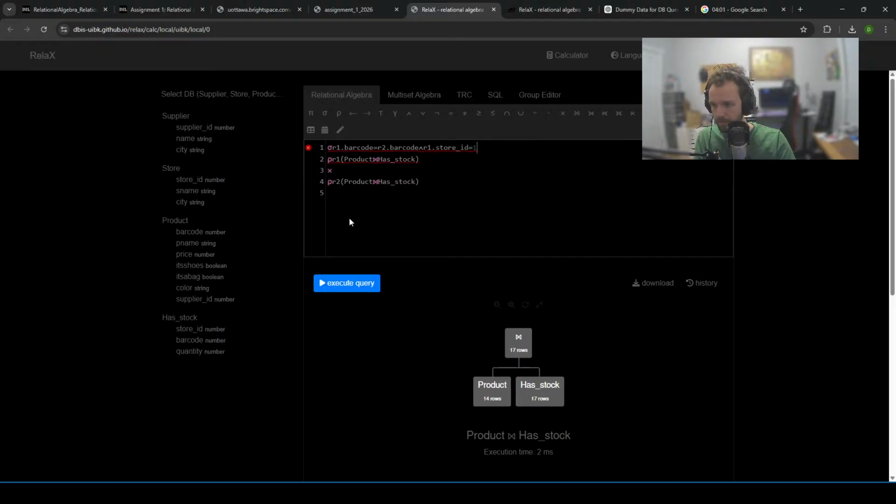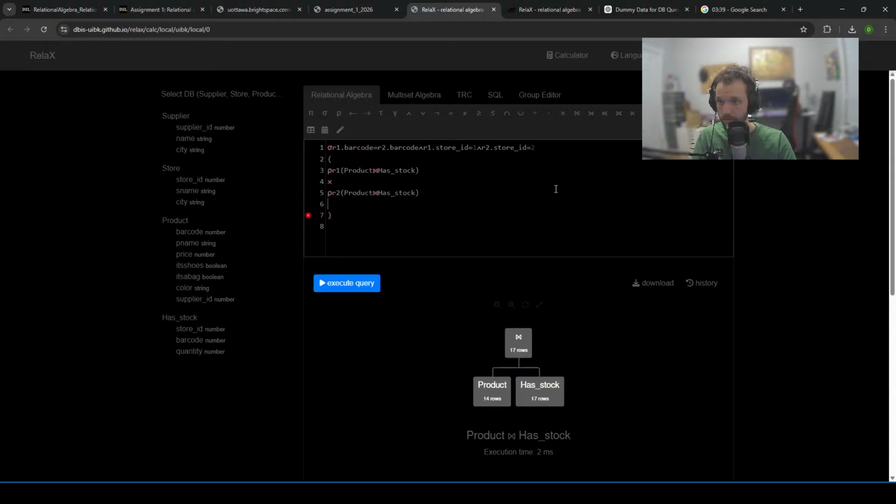Is it a string store ID? It's a number. Okay. And R2 dot store ID is equal to 2.